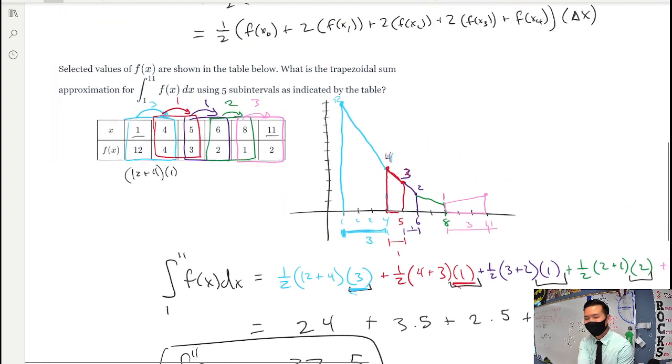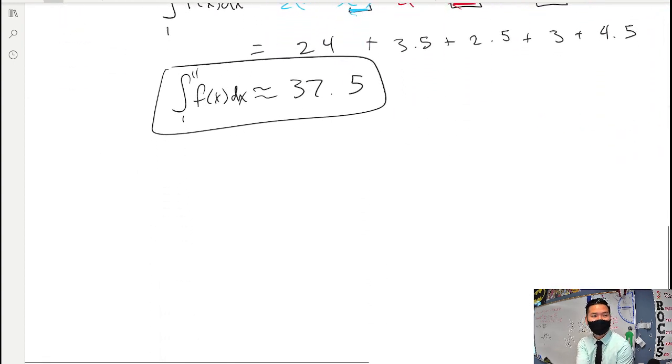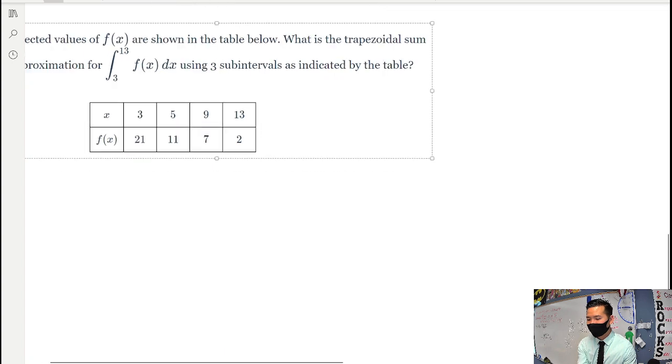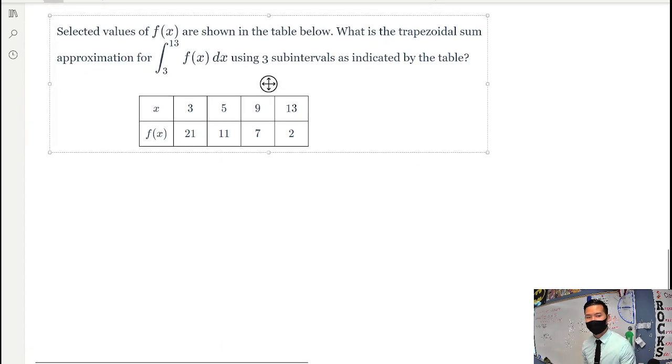All right, here, you guys try this one on your own. You ready? You do not need to draw a picture for me. You just got to give me the answer for this one. Okay? So what do you need? 4 minutes. Try it. You do not need to copy it.